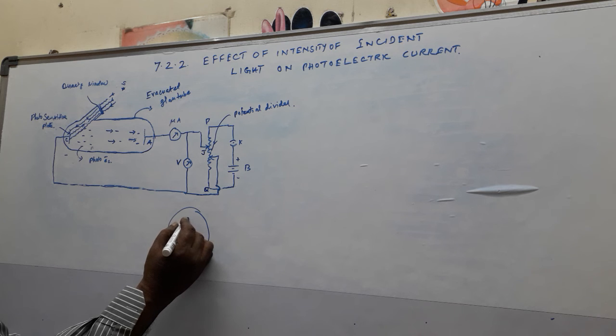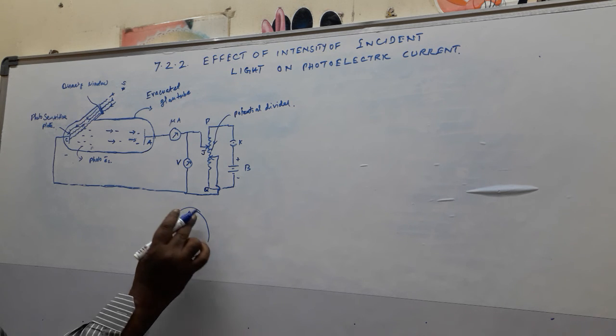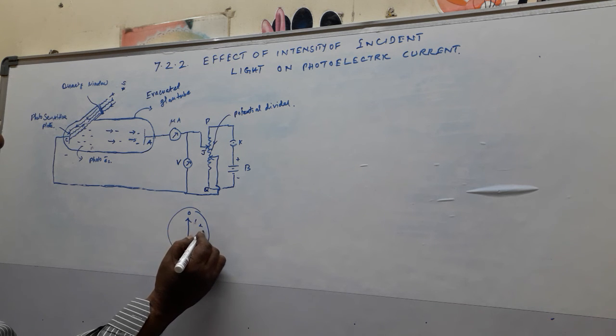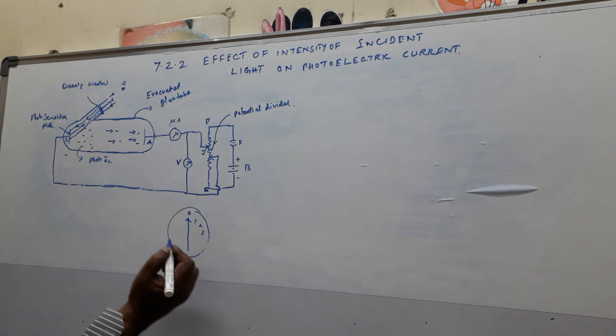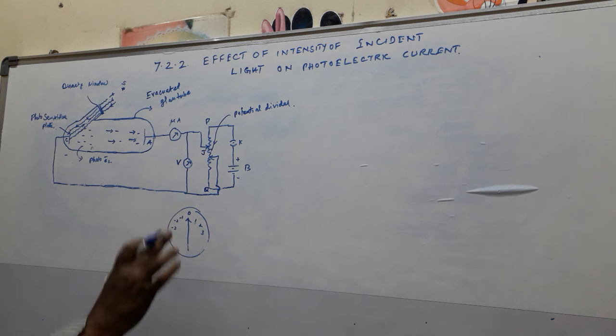The needle is centered and indicates 0. On the right hand side, 1, 2, 3, 4 is called positive voltage. On the left hand side, it shows negative voltage.